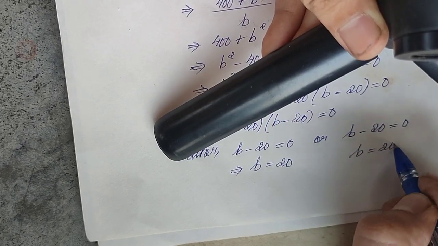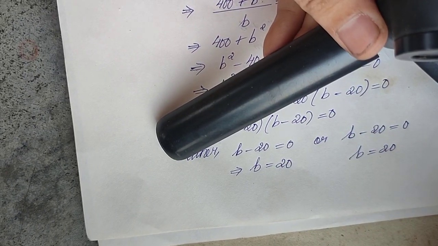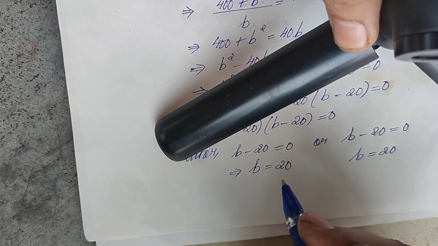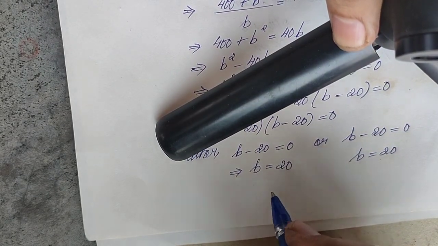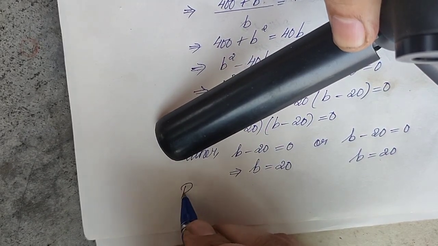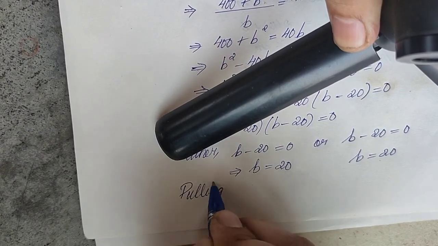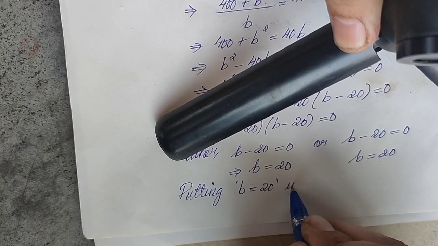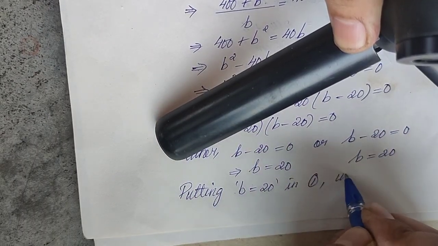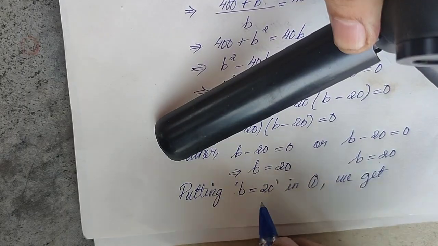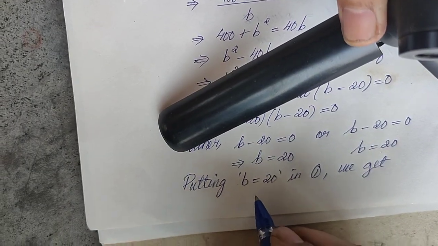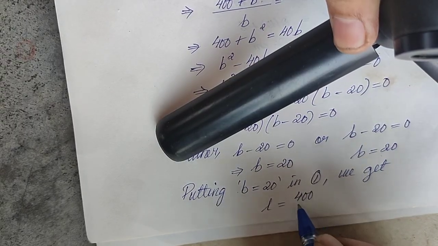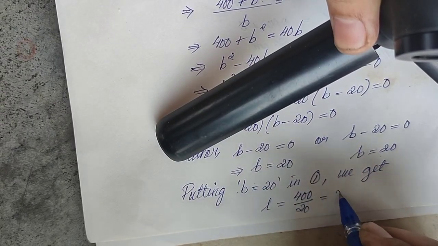Putting B equal to 20 in equation 1, we get L is equal to 400 by B, that is 400 by 20, which is 20.